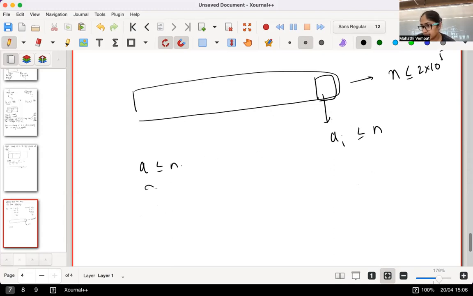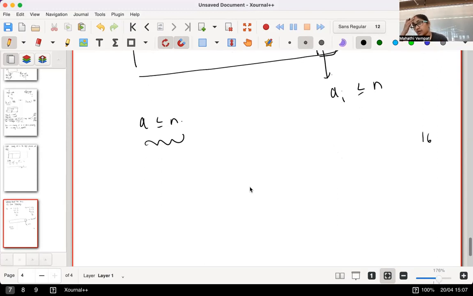Then the number of bits that this uses is floor of log n plus 1. Sorry, what am I saying? What I'm trying to say is, what is the biggest XOR value I need to worry about?